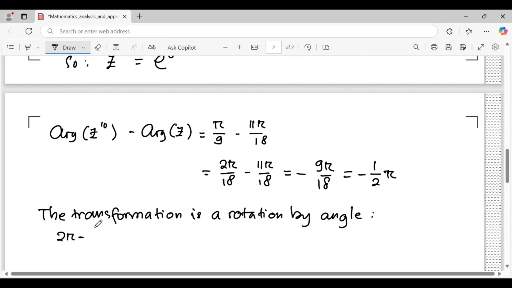So it is 3/2 pi, okay, and it's 1 minus 1/2 pi itself. So this one and this one.